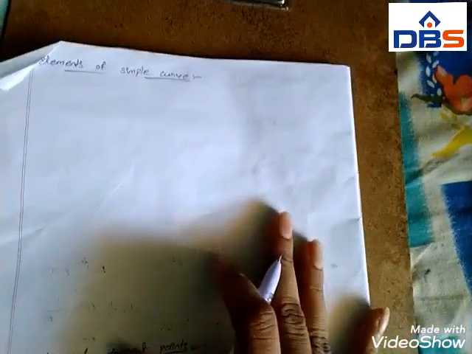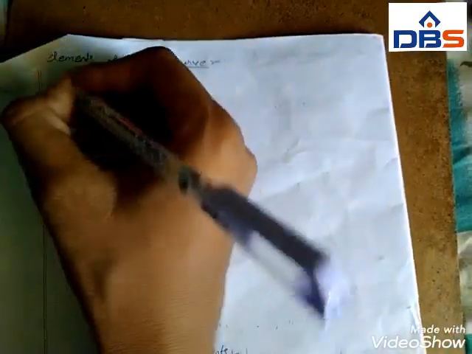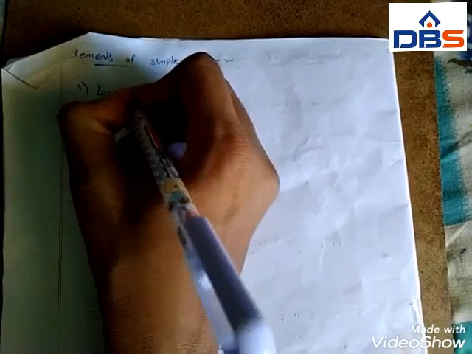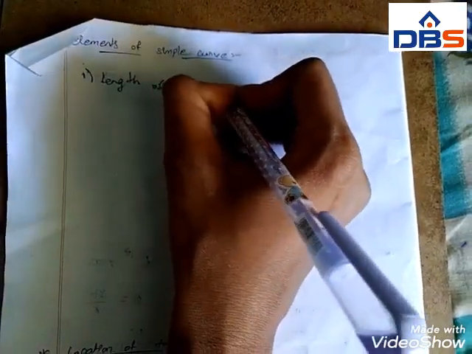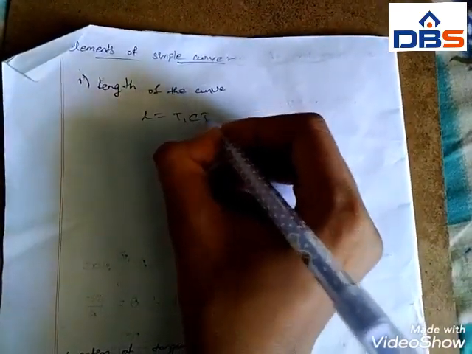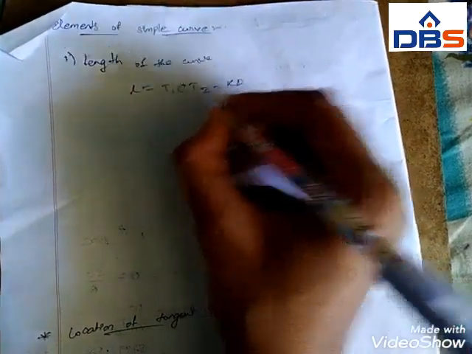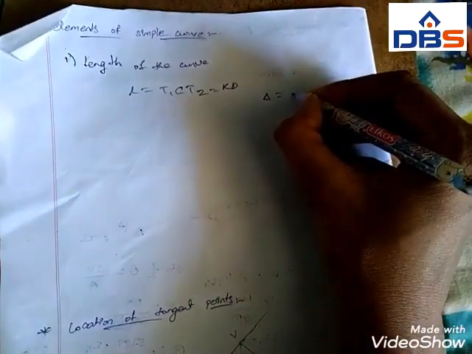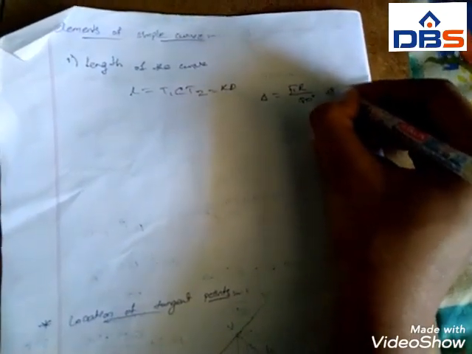Now elements of a simple curve. One is the length of the curve. Here L is equal to T1 C T2, that is equal to R delta, where delta is in radians, equal to pi by 180 times the angle in degrees.